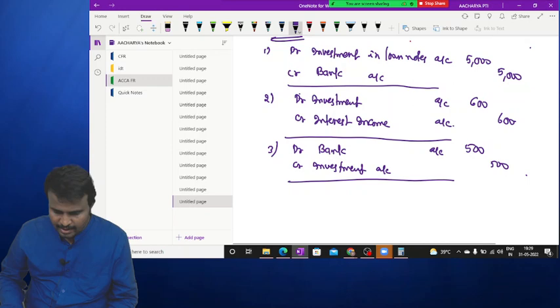This is the problem relating to the financial asset of debt investment.